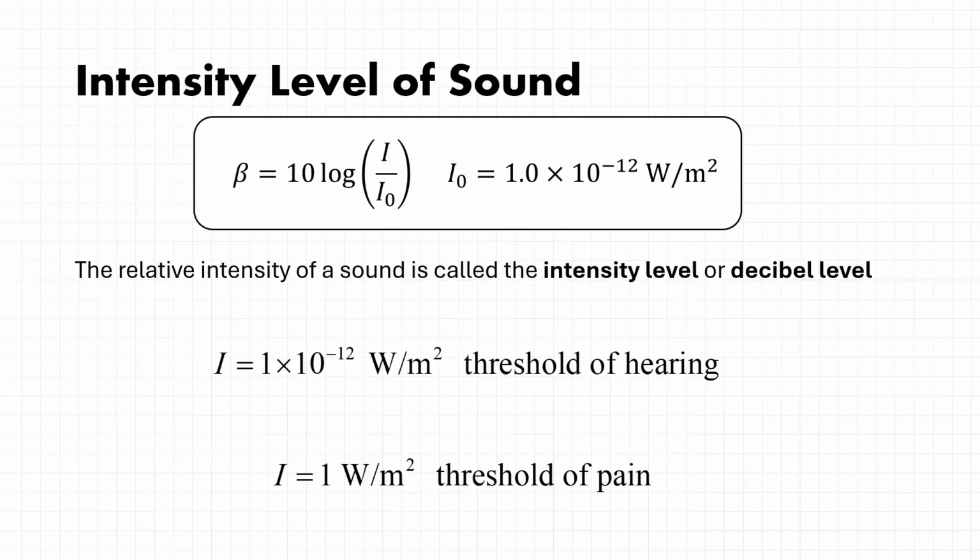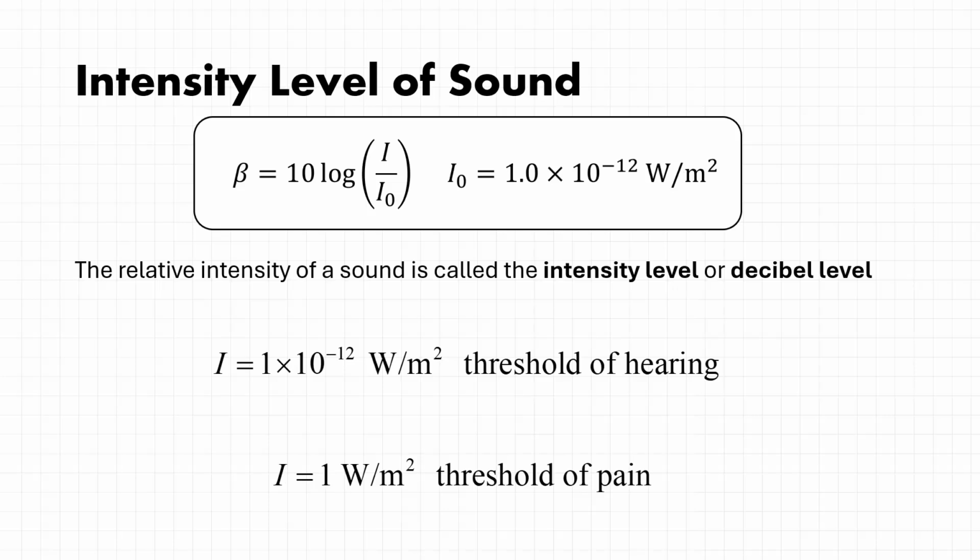So, let's say that we have a sound wave, and we want to figure out the intensity of this sound wave, right? So we want to figure out something called the decibel level of this sound wave. We do have a threshold of hearing, and that is 1 times 10 to the negative 12 watts per meter squared. We also have a threshold of pain.